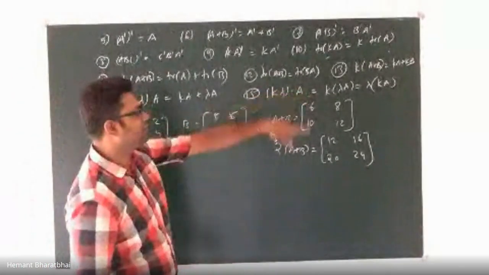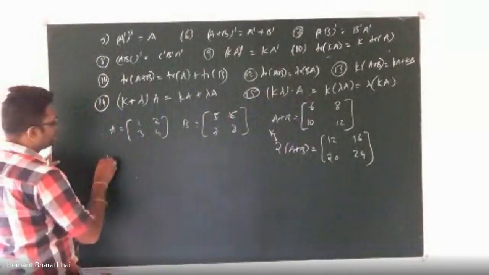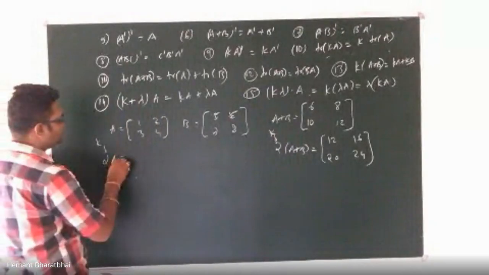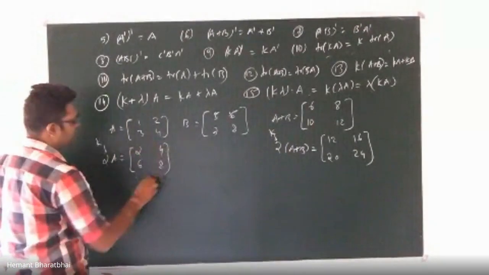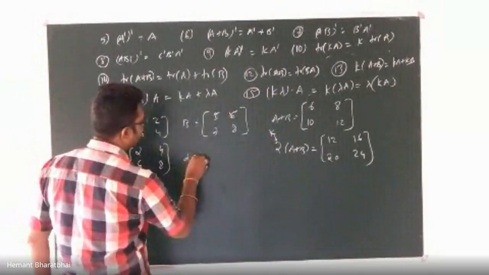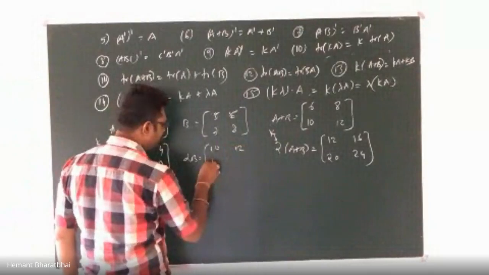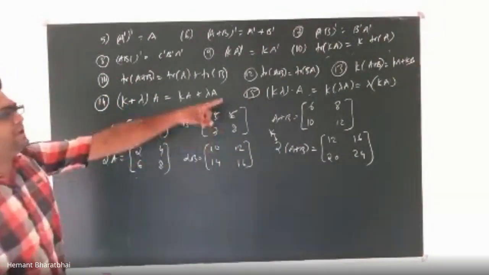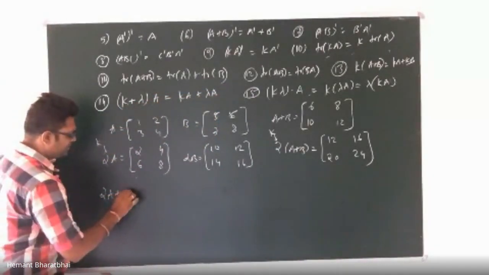Let's find out the RHS, K into A plus K into B. So my K is 2 in this case, so 2 into A, that will be 2, 4, 6, 8, and 2B, that will be 10, 12, 14, 16. So KA plus KB, that will be 2A plus 2B.